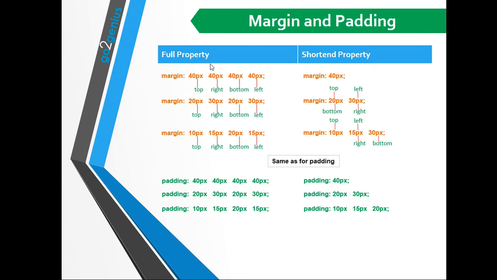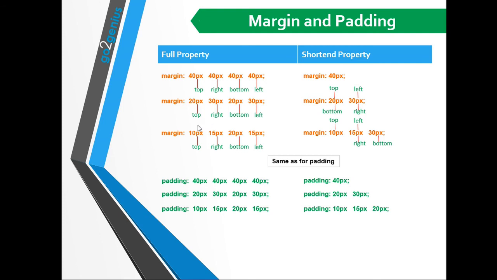Now we can see when we have 4 properties of margin and all 4 are equal, then we can write the shorthand property for all the directions like this. So this 40 pixel represents 40 pixel margin from each side.